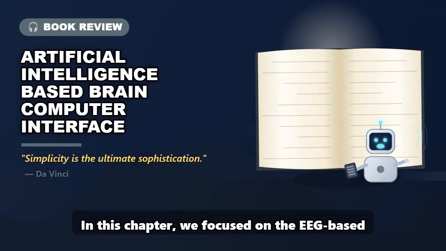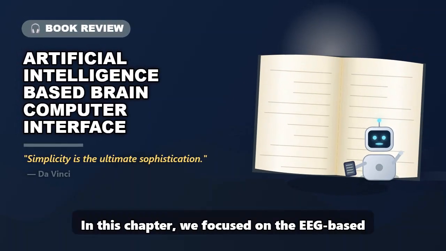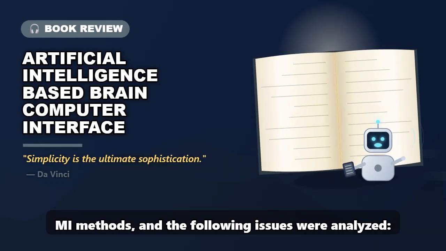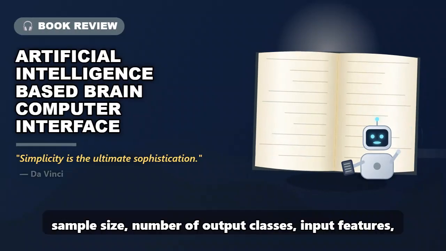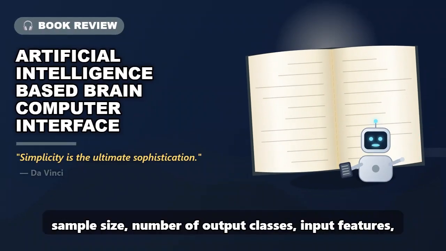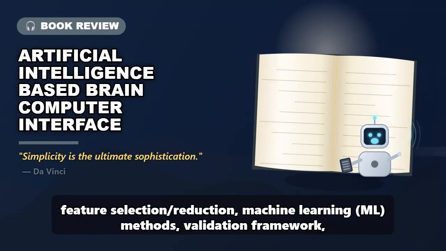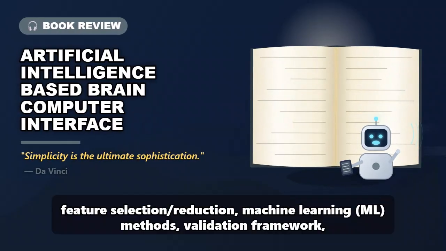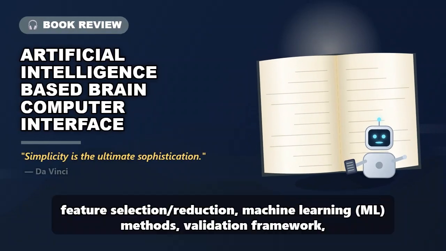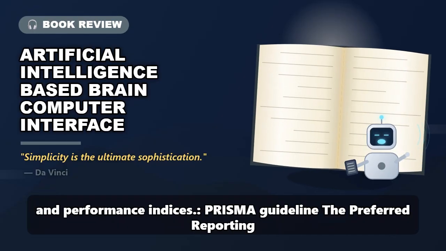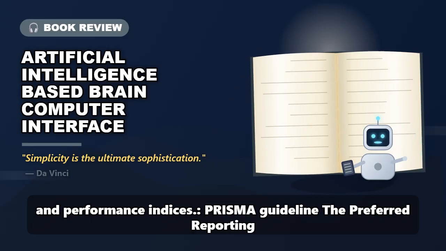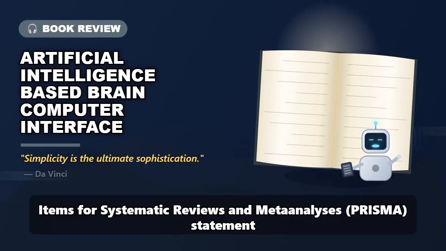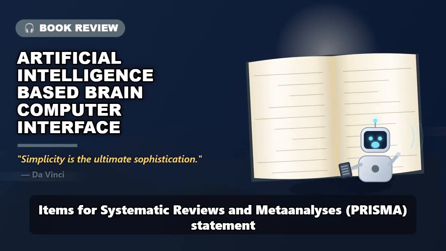In this chapter, we focused on the EEG-based MI methods, and the following issues were analyzed: sample size, number of output classes, input features, feature selection/reduction, machine learning, ML, methods, validation framework, and performance indices. PRISMA Guideline, the preferred reporting items for systematic reviews and meta-analyses. PRISMA statement was adopted in our study to select the relevant studies.